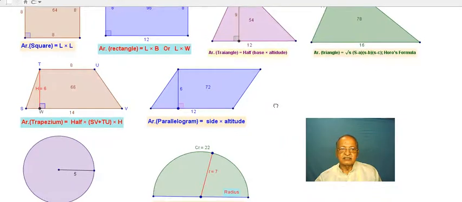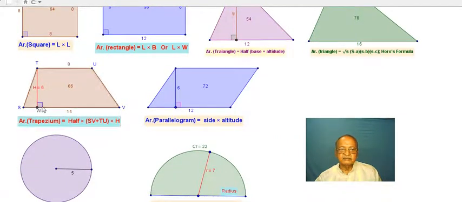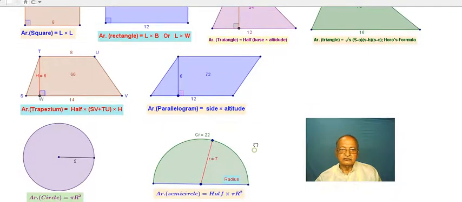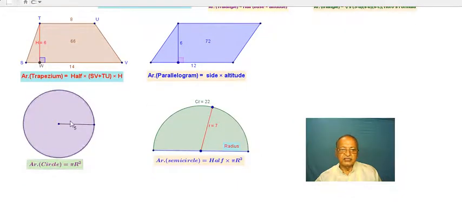Then trapezium, in which only a pair of opposite sides is parallel, and parallelogram, in which both pairs of opposite sides are parallel. So area of parallelogram is side into corresponding altitude. Now area of circle is pi r square, area of semicircle is half of pi r square.